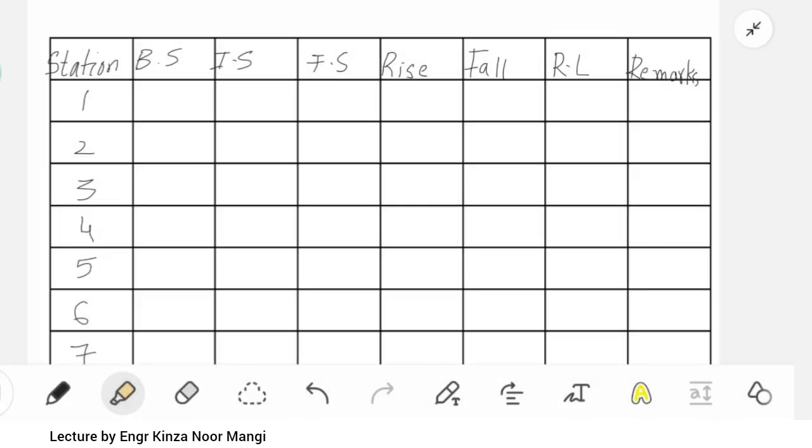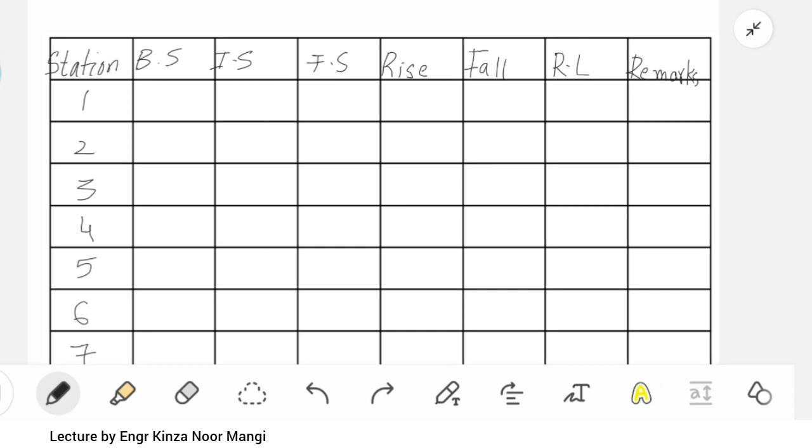The first reading is the backsight, 0.32. The next reading is 0.53.